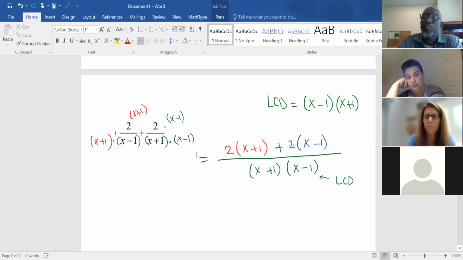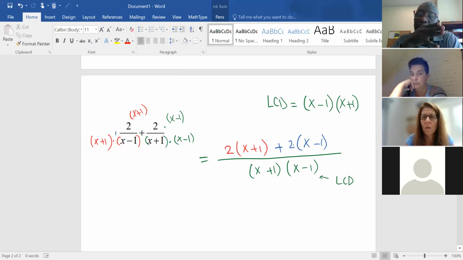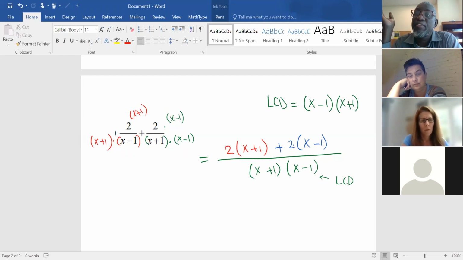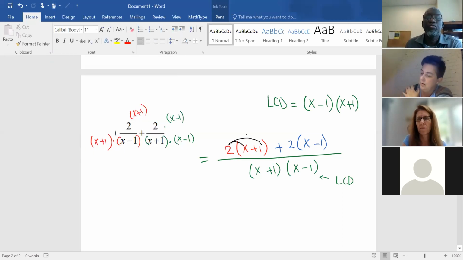Okay? If I write this, I am on the right path to get the right answer. All you have to do next is to simplify, which is 2x plus 2.